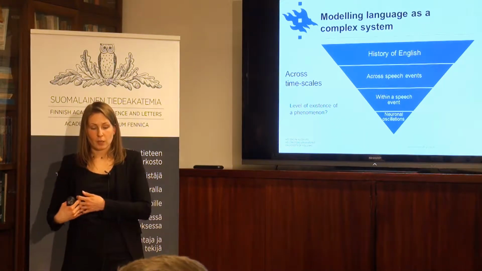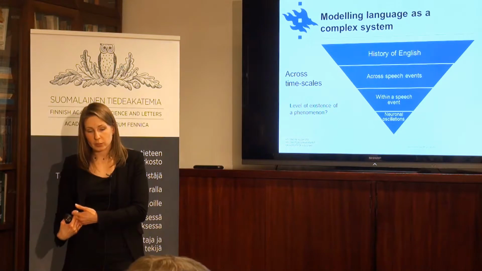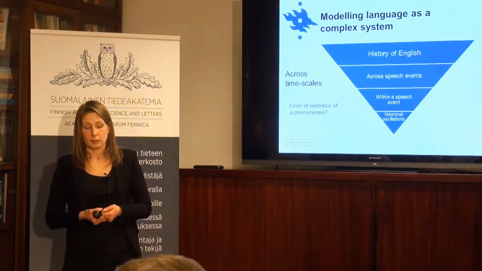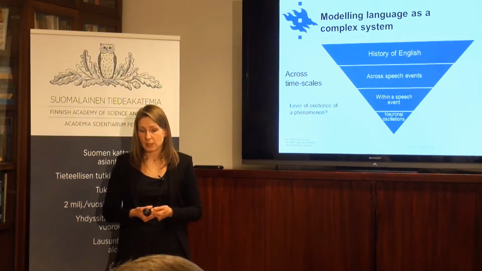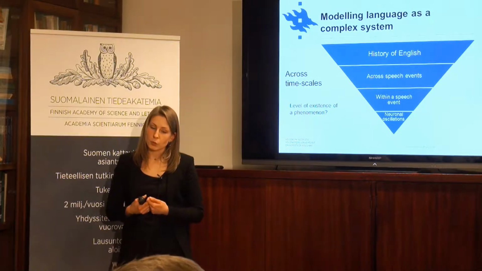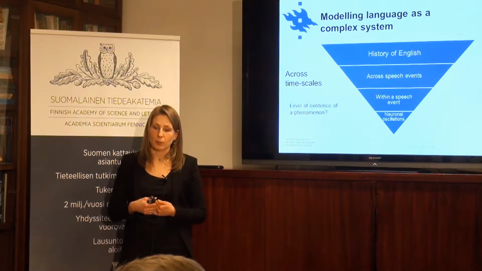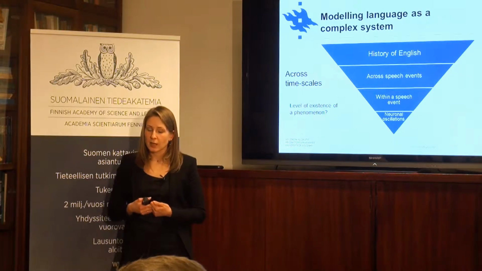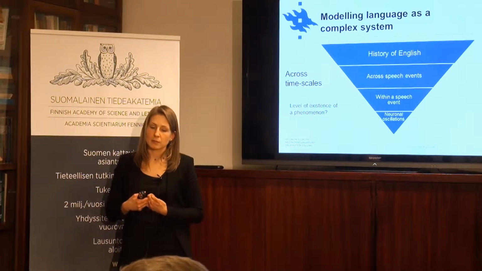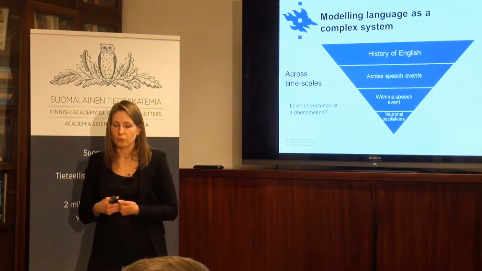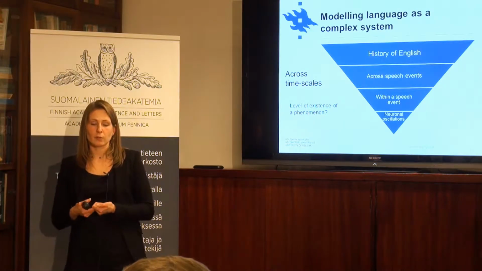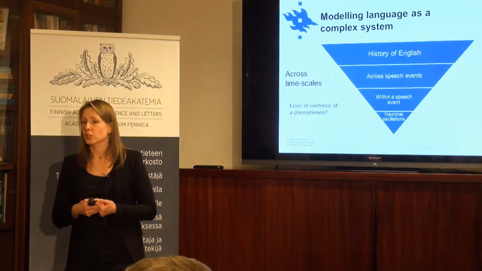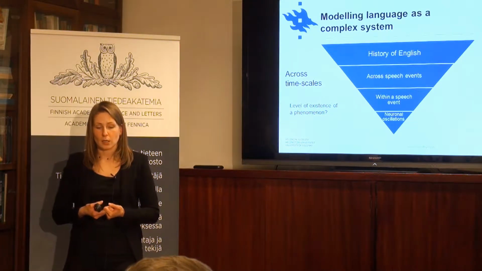So starting from a very short time scale of neuronal oscillations and going all the way upwards to the historical time scale, at each of these time scales we would be able to observe different language phenomena. So language phenomena which are present at the level of neuronal oscillations are not present at the level of the history of English. At the level of the historical time scale, we usually talk about such processes as language change and grammaticalization.